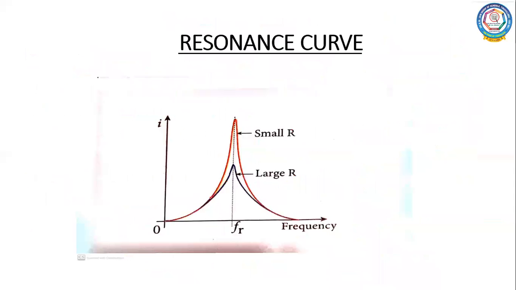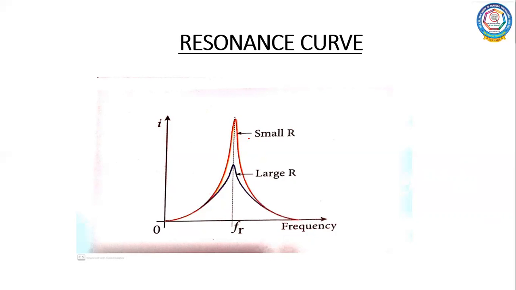So here I keep on changing the frequency from 0, keep on increasing the value. Now when I keep on increasing the value, the current value also will keep on increasing, and at a particular point, current is maximum, which is represented by a sharp curve. At this point, the value of current is maximum.